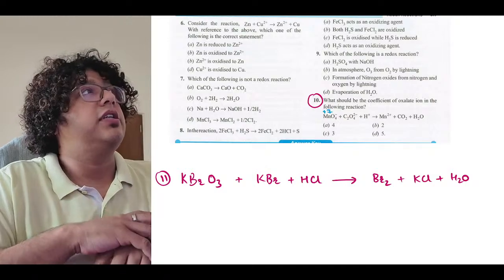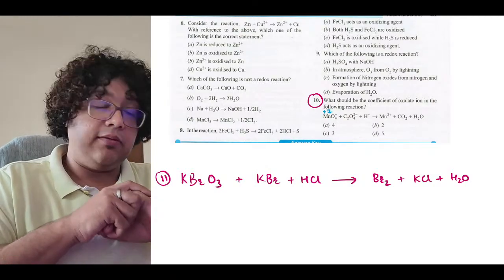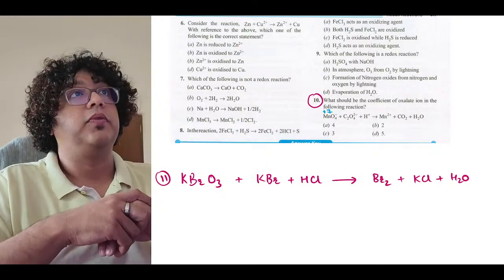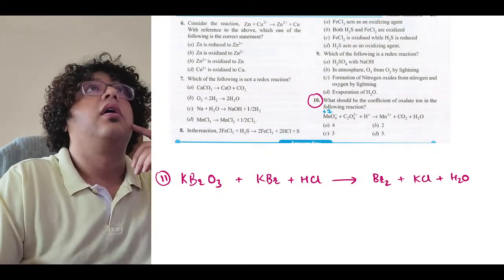Okay, this is the second question. KBrO3 reacts with KBr and HCl to form Br2, KCl and H2O. You have to balance this question.